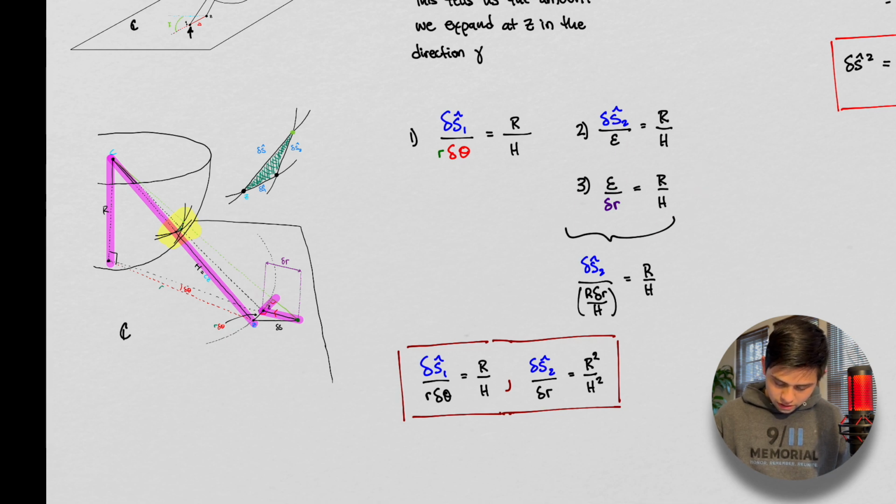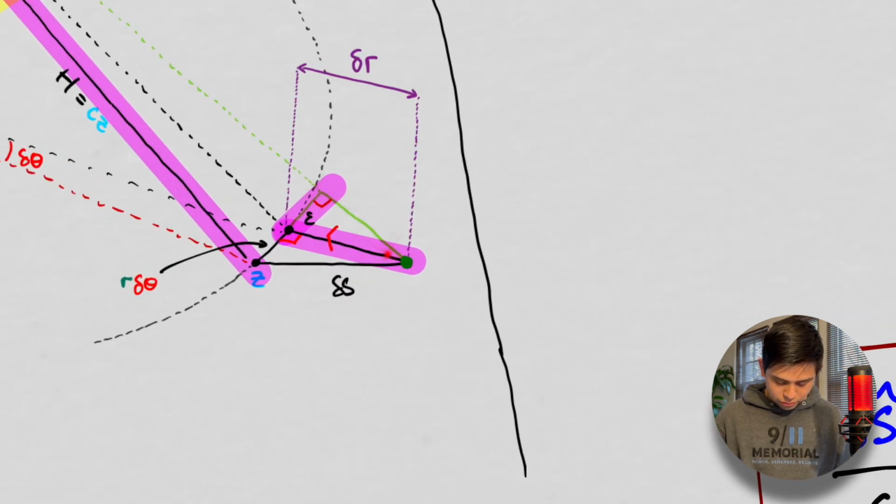So this is an equation that strictly looks at the complex plane. This equation here relates a distance, or the mapping of delta S2 hat, with the triangle that's being mapped on the complex plane here. And keep in mind that this green triangle is perpendicular.